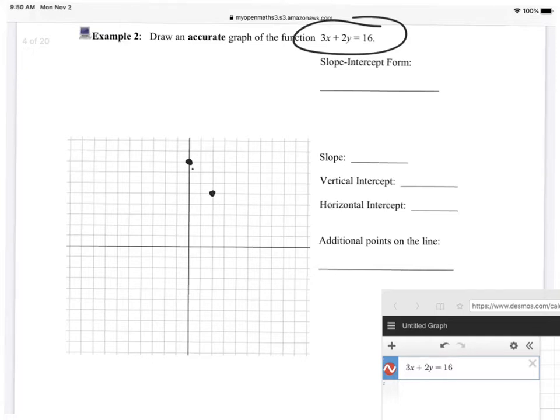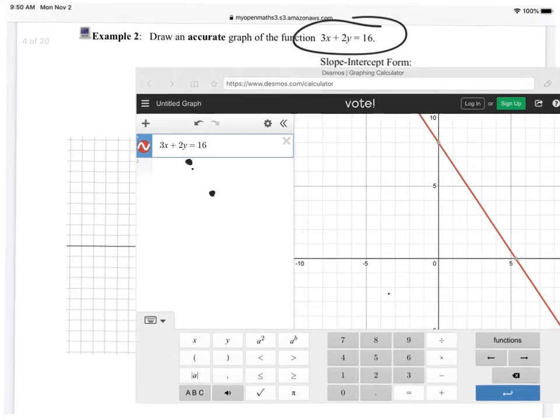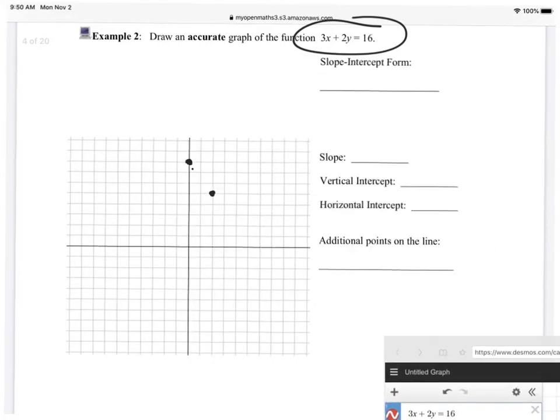And then if you wanted more than just 2 points, you could grab your Desmos again and find another. I have another one down here at 4, 2 if I wanted to put that one on there. 2 points is enough, especially if you're doing this on the computer, because it's going to click into place for you anyway. But if you are doing it by hand, on a sheet of graph paper, you might want a couple more to give you a super straight line.